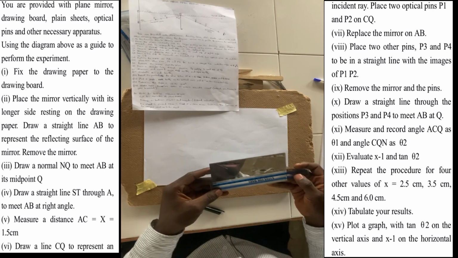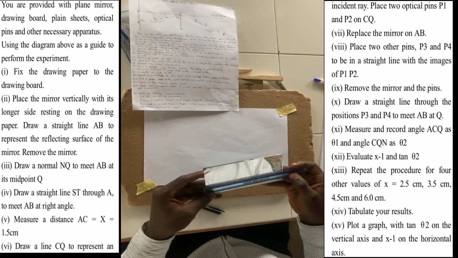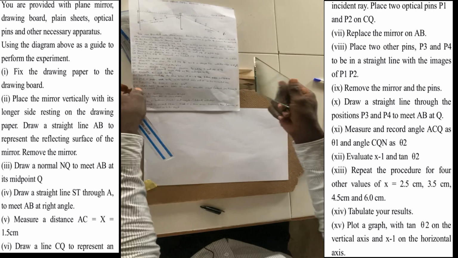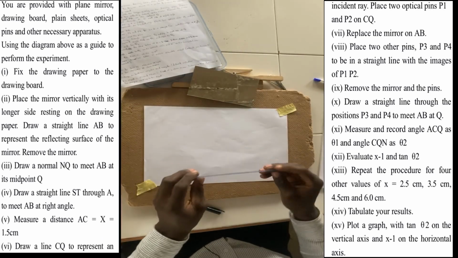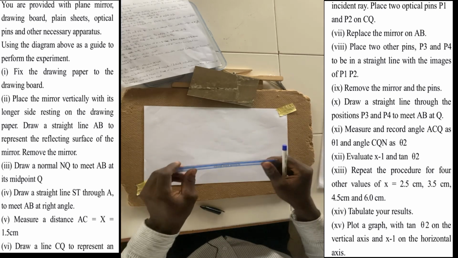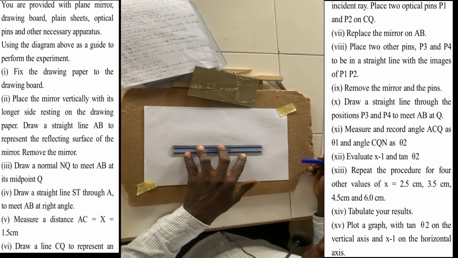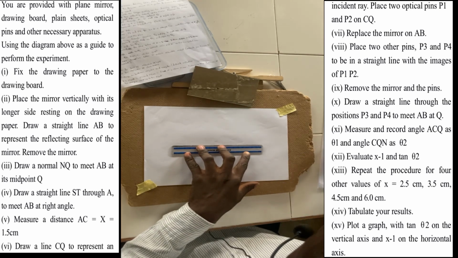So the length of the mirror, as you can see here, is 14 centimeters. Instead of using the mirror, we can use the ruler by measuring 14 centimeters. Now I'm going to draw a line of 14 centimeters representing the length of the mirror AB.